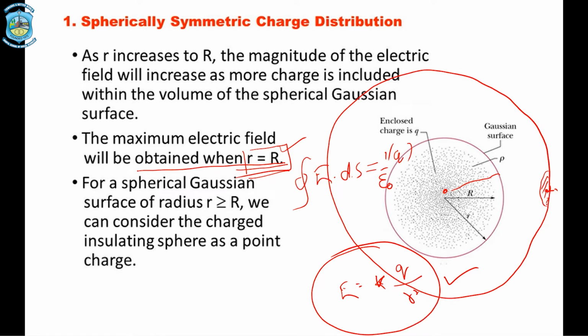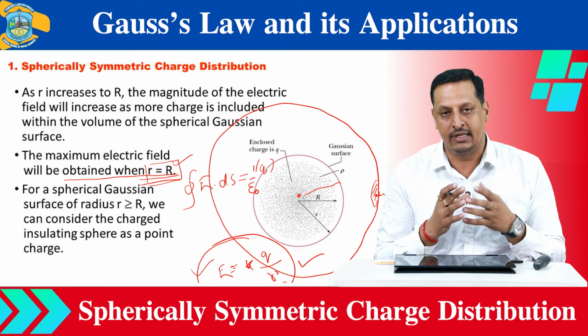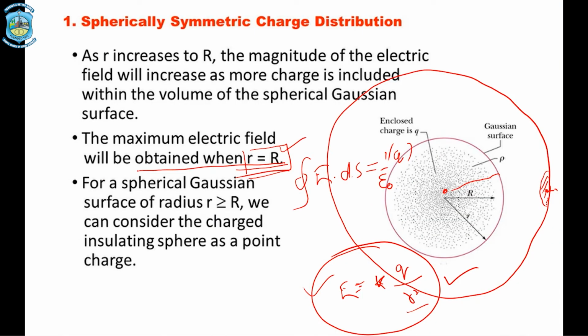It is inversely proportional to r square, and this expression is very similar to the expression of electric field intensity due to a point charge. We can conclude that the expression for the electric field due to a charged insulating sphere is very similar to the expression for the electric field due to a point charge, outside that sphere.